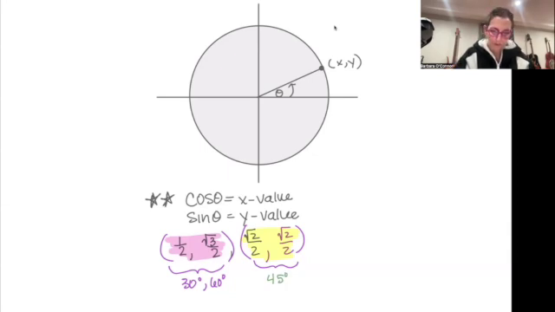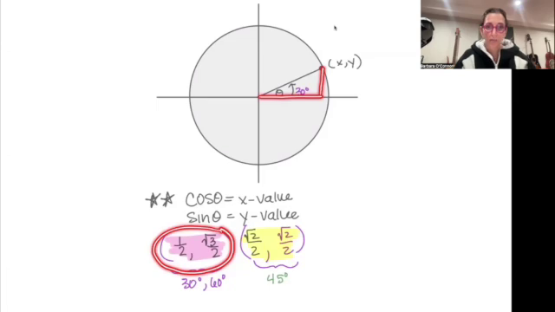So let's suppose we have a 30-degree angle right here, and we're trying to figure out what the sine and cosine are. Well, I'm going over farther than I'm going up. And I know that this is the pair of values that goes with a 30-degree angle.